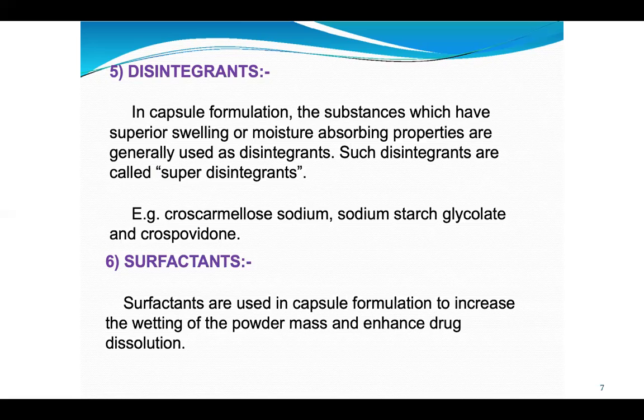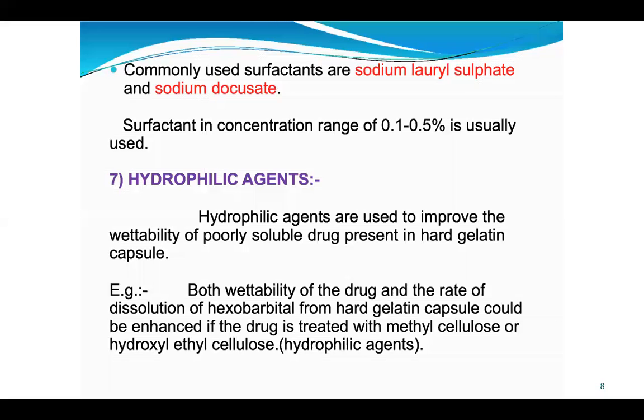Surfactants are used in capsule formulation to increase the wetting of the powder mass and enhance drug dissolution. Commonly used surfactants are sodium lauryl sulfate and sodium docusate. Surfactant concentration range of 0.1 to 0.5% is usually used. Now, hydrophilic agents.